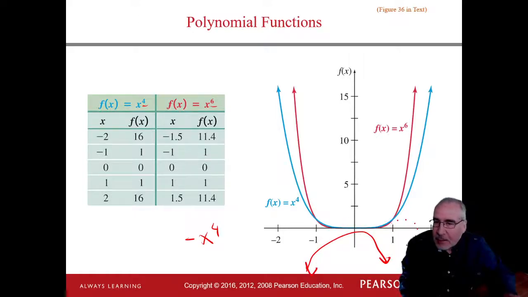Now there's stuff that happens in between here, and that's part of what the polynomial is. An x to the fourth and an x to the sixth can be different, depending upon what happens in the middle part. But the overall shape will be a U shape up for positive, a smile, or a U shape down, a frown for negative. So we kind of went through that with quadratics.